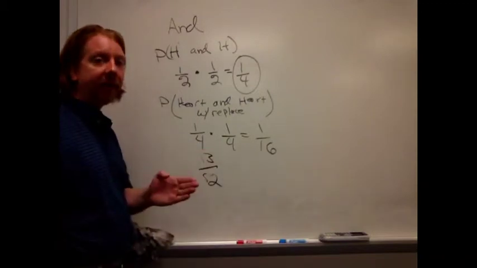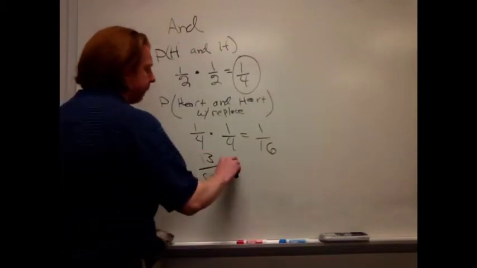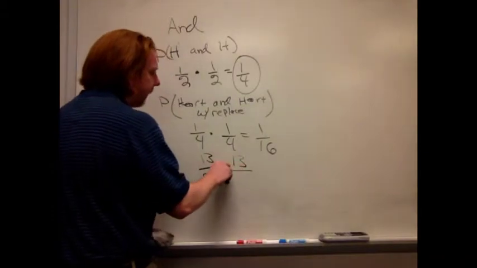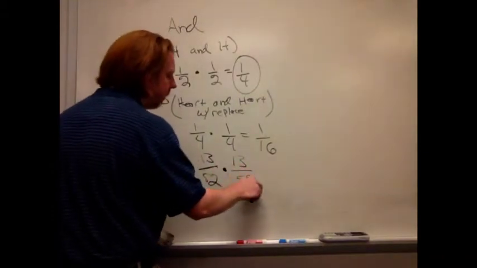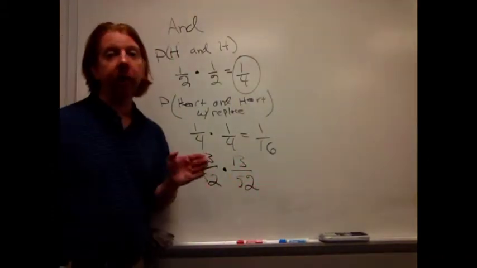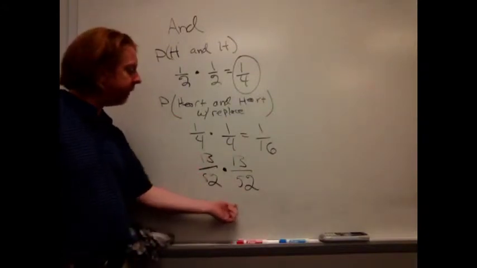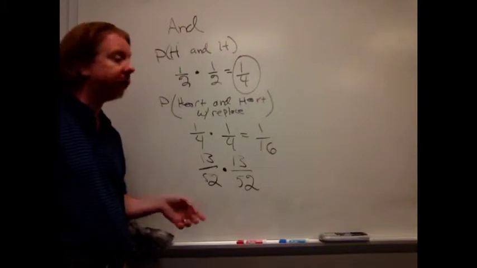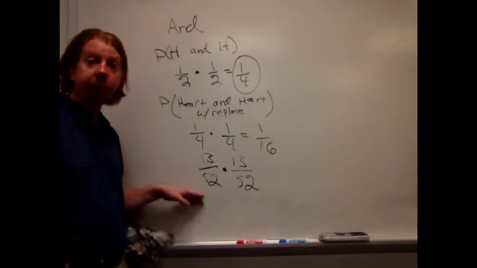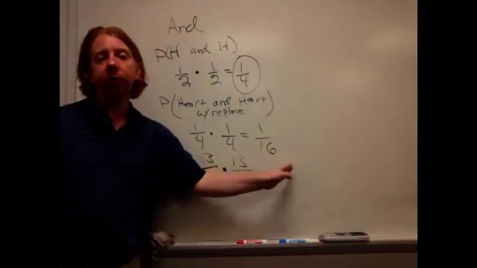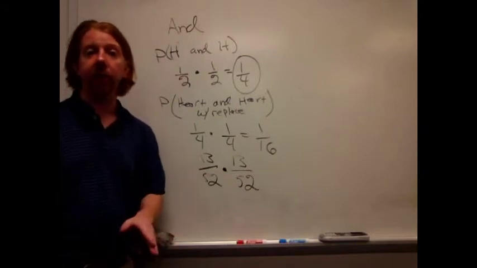Since I'm replacing the card once I've drawn it, on my second draw, there are still 13 hearts in the deck. So again, I haven't had to deal with any change in these probabilities. 13 out of 52 reduces to 1/4, which takes us now down to 1/16.